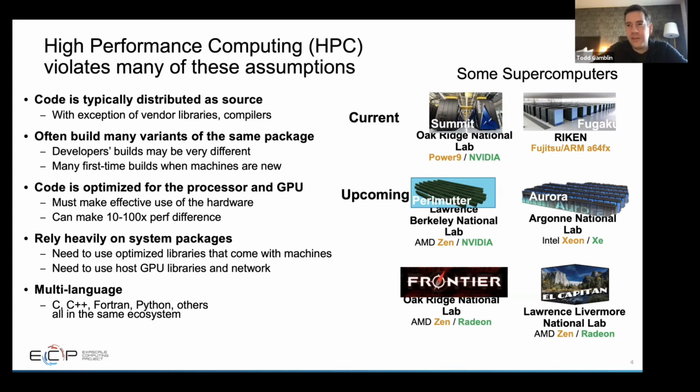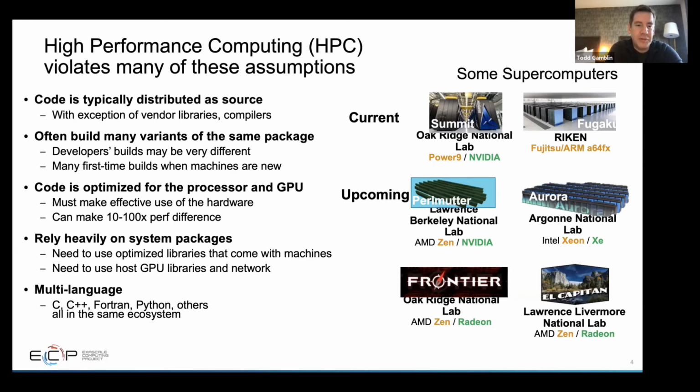And we also rely on system packages, in that you can configure Spack to go point at your system MPI. So you can say, okay, I want to use this MPI and I want to build all of these packages on top of it, using that MPI. The other assumption that we make is that, and Conda and Guix don't have this problem, but it's a multi-language ecosystem.